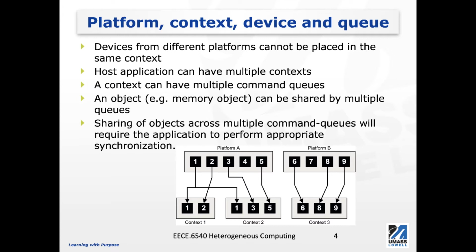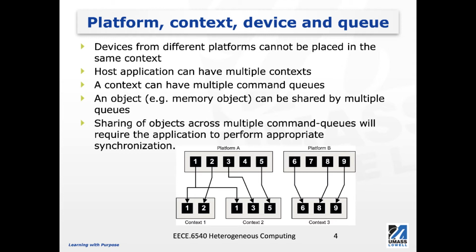When we build a host-side OpenCL application, we can have multiple contexts, and these contexts can in fact use resources from different platforms that reside on the same physical platform. Now, it might be a little confusing about the platform we're talking about.